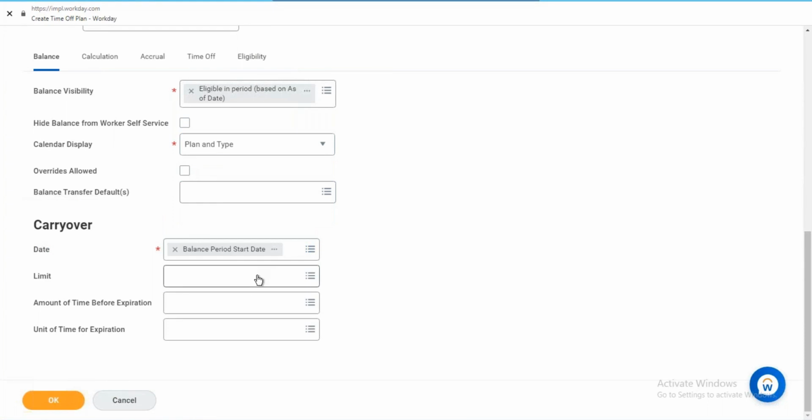The moment the time off is requested, it automatically becomes an accrual. So there is no need for carryover because there is no balance stored which needs to be carried over for the next year. Under those scenarios, we do not configure the carryover settings.